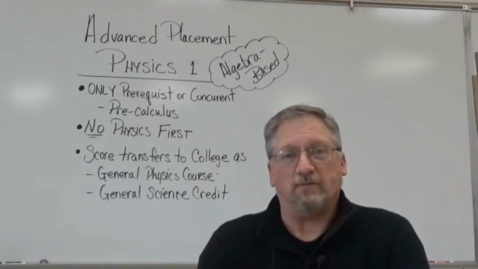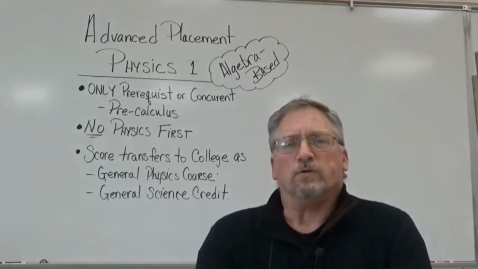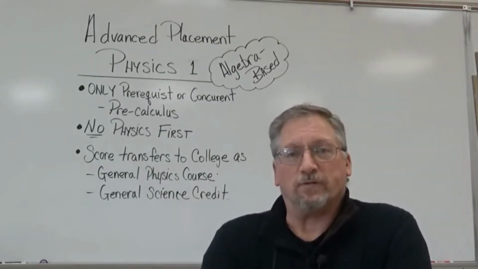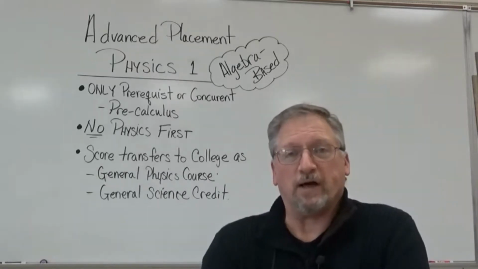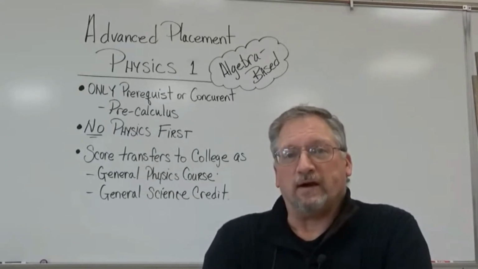That brings up an important point: if you score a 3, 4, or 5 on the final exam, depending on what college you apply that to, what kind of credit is that going to go into in that college?